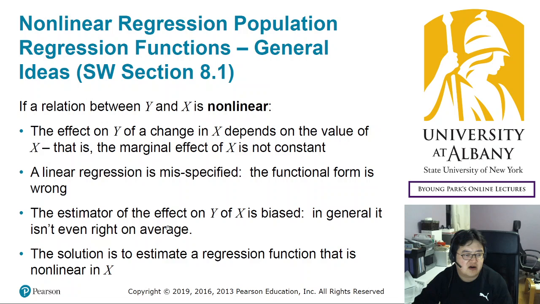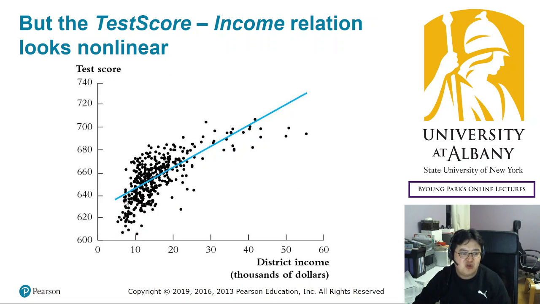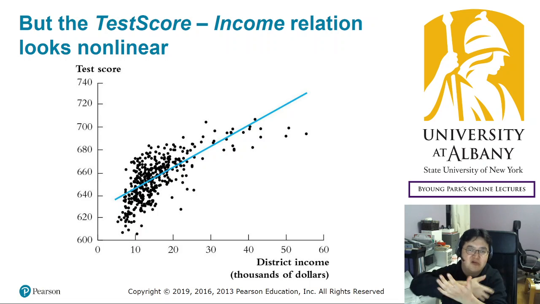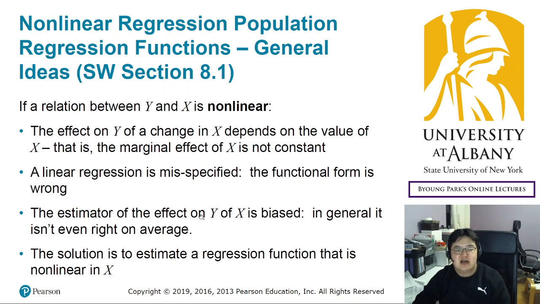That is the problem, and in general, it isn't even right on average. Here we are underestimating and here we are overestimating, but their average is not zero. You may argue that you are overestimating somewhere and underestimating elsewhere, so overall they will cancel out. That does not work. Mathematically, that is not the case. In any sense, bias is the result.